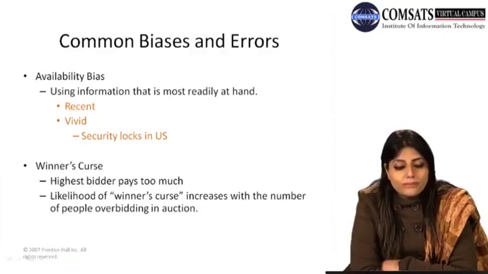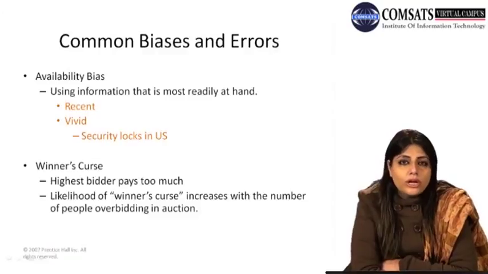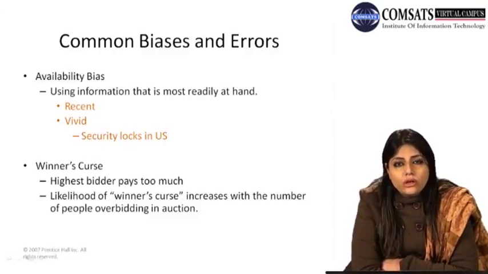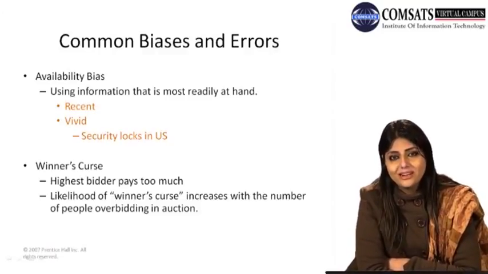Availability bias is another common bias. Herein what happens is that you are using the information that is most readily at hand, which is most vivid, which is most recent information. You tend to make your decisions basing on that information. That gets more weightage, the information that is recent and vivid.